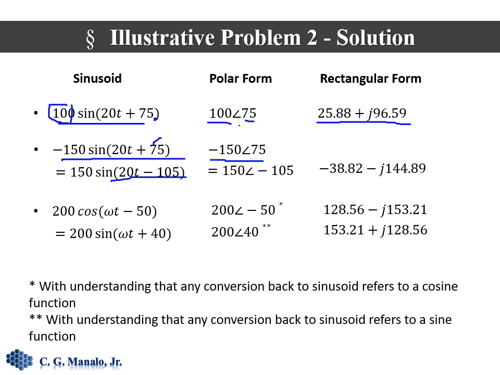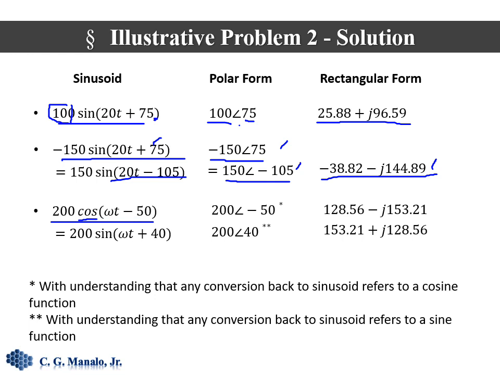So the polar form would be this one. Actually this one and this one are just the same, and that should give a rectangular form that looks like this. Now for the third sinusoid, we're given a sinusoid in cosine.